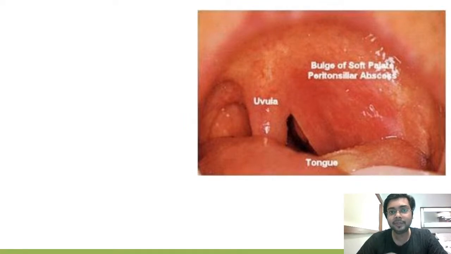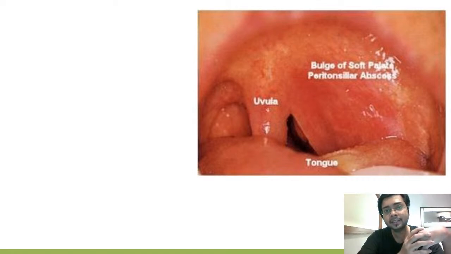Patients will present with toxic signs of fever, pain, odynophagia and all. So this is infection in the peritonsillar space. Peritonsillar space means between the tonsillar capsule and the tonsillar bed or the superior constrictor muscle. There is a space where the infection and collection of pus occur.